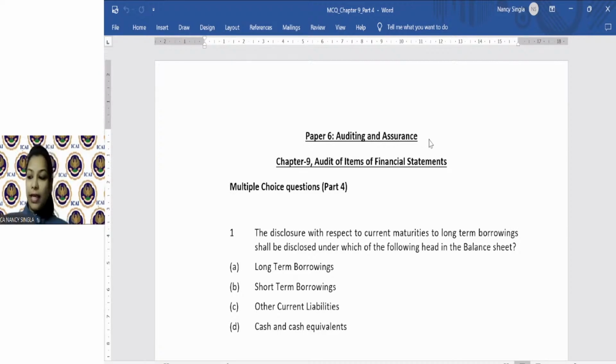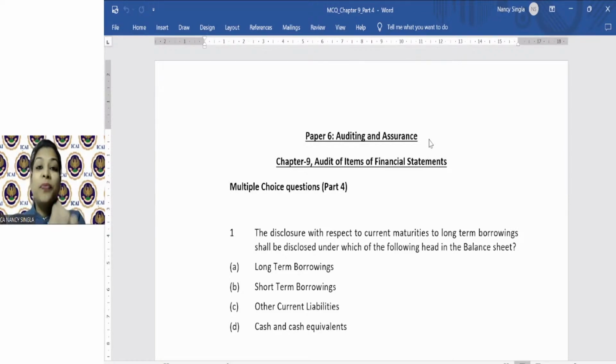And now, as many of you have asked to first discuss the MCQs and then the last topic for today, which is the verification of various assertions with respect to provisions and contingent liabilities, let us start with discussing the MCQs, 5 MCQs for today's session.